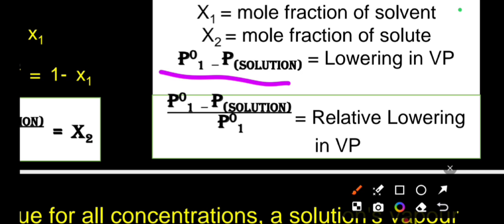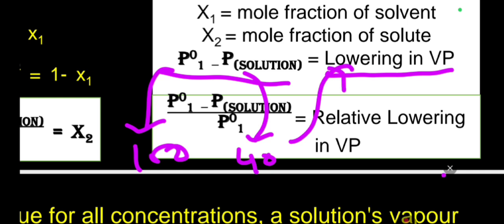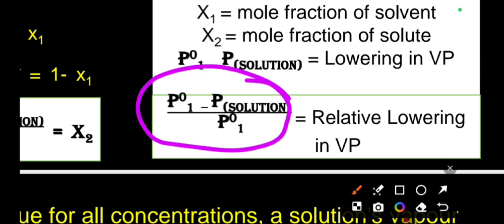That's why it is called lowering in vapor pressure. Suppose P node is 100 and P solution is suppose 40, then 100 minus 40 will be equal to the lowering in vapor pressure. But if you are using the complete formula P node minus P solution by P node, then it is called relative lowering in vapor pressure.